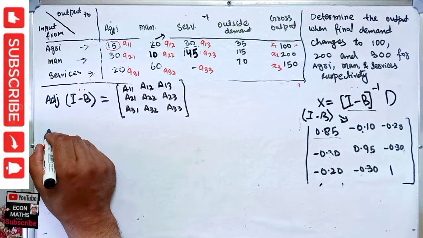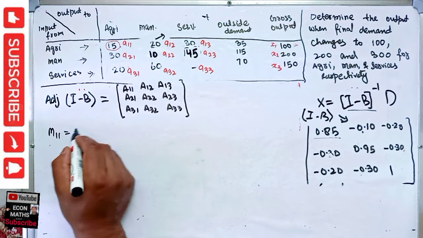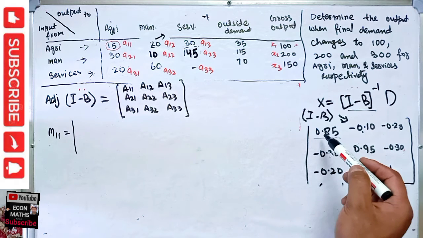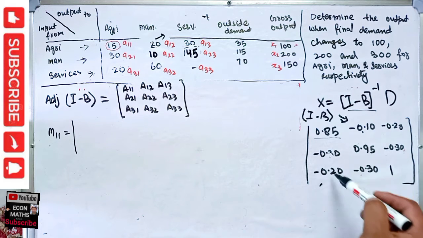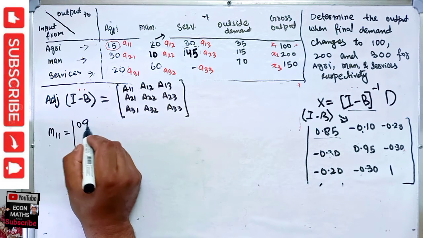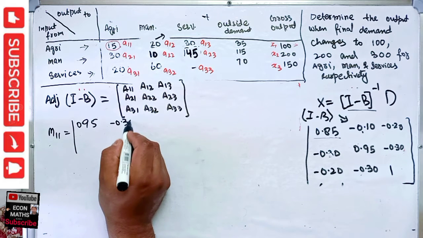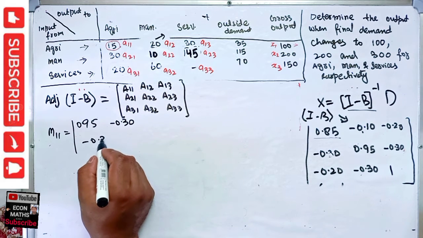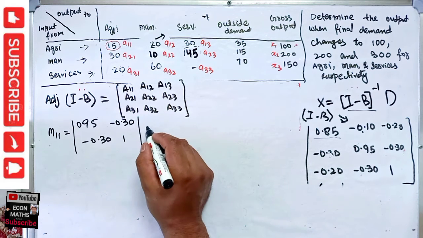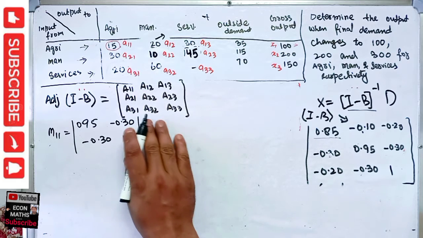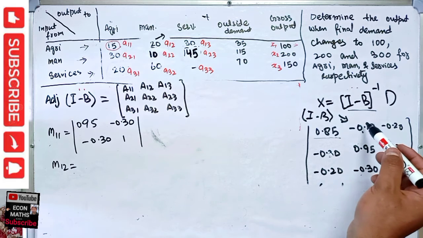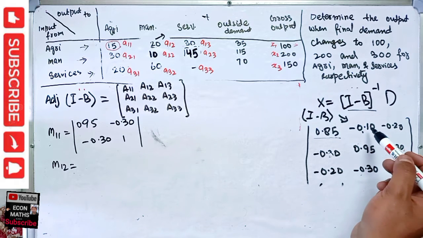Okay, so we will calculate the minors. So first we have to find m11. The minor m11 would be, we mentally delete this row and this column and take the determinant of remaining elements. That is, first minor is 0.95, minus 0.30, minus 0.30 and 1. This is our m11. Okay, similarly we find m12.